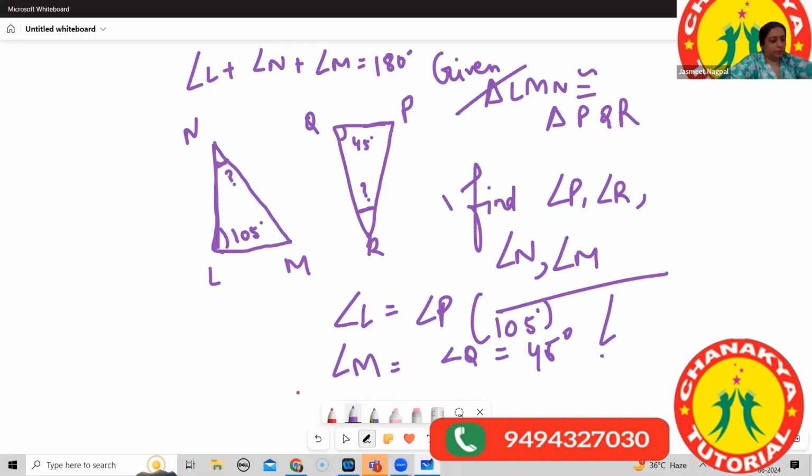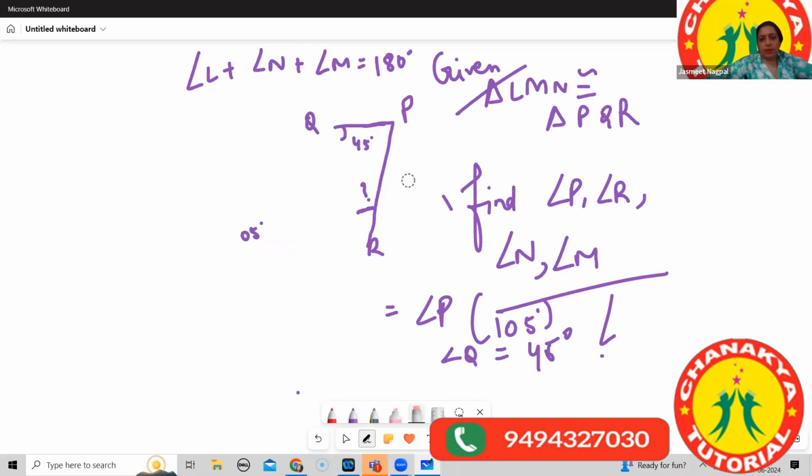Okay. Understood, ma'am. Because this is a congruent, all the angles are equal.